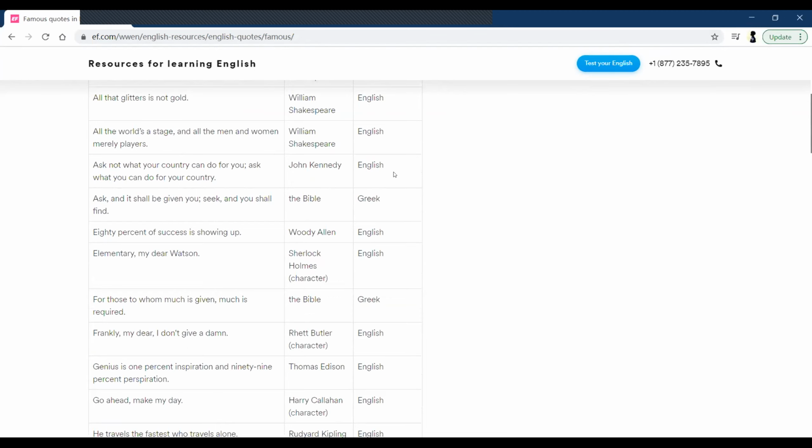Yeah, the next one is all the world's a stage and all the men and women are merely players. It's by William Shakespeare again. And I think that means, I'm actually not really sure what that means.